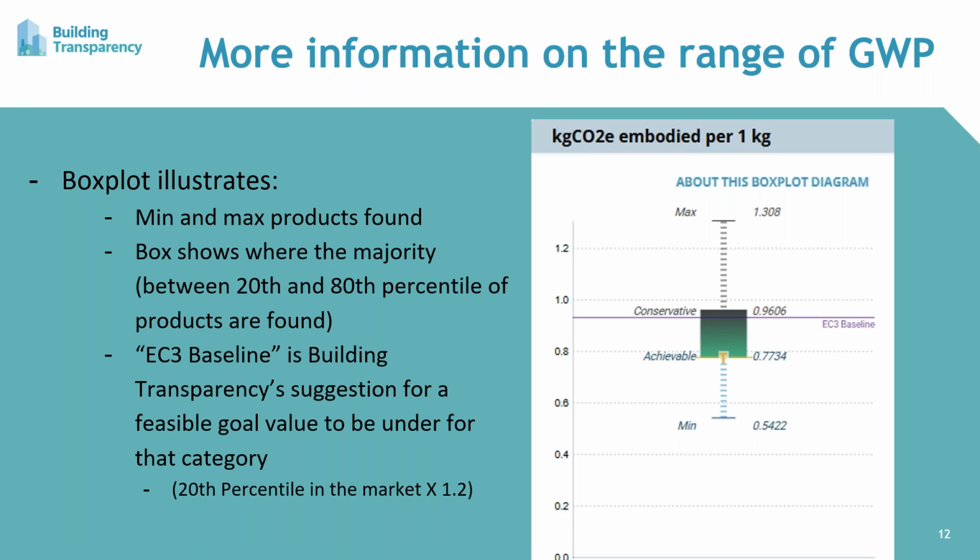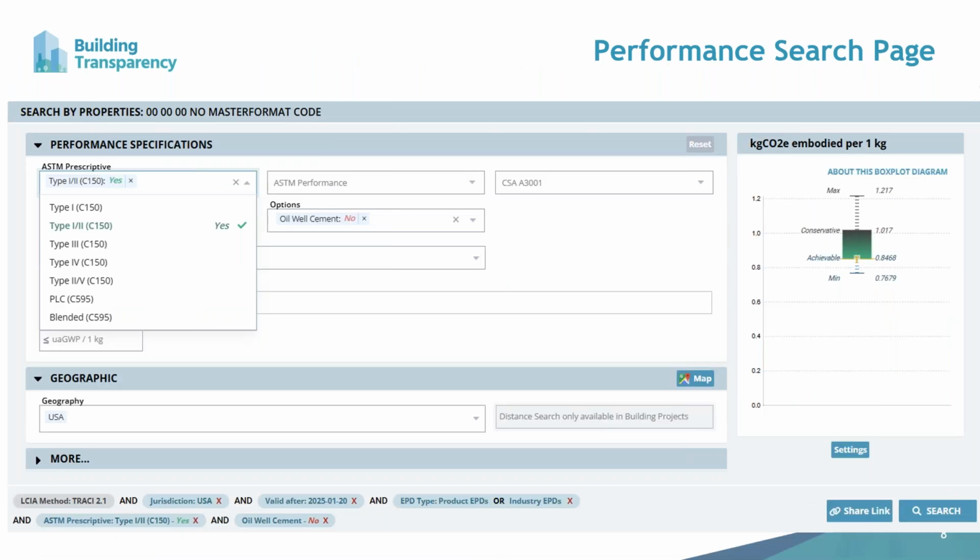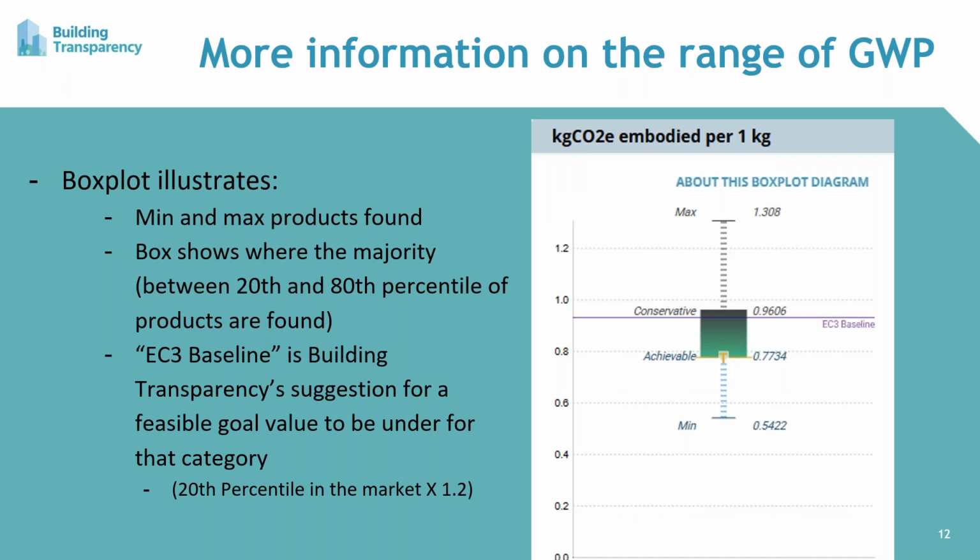And then just lastly, I wanted to show what we mean by this box plot that appears for your search on the side. If I go back to zooming in on it, I just wanted to say for everyone what that means. It essentially illustrates the range of GWP that is applicable to your search.